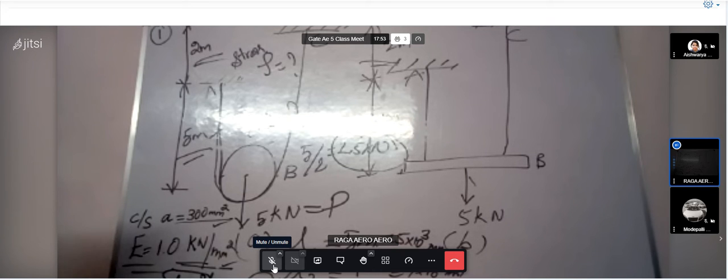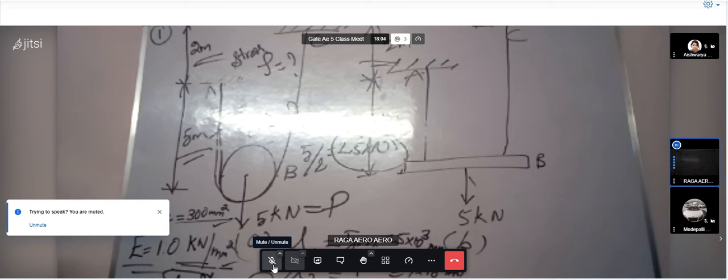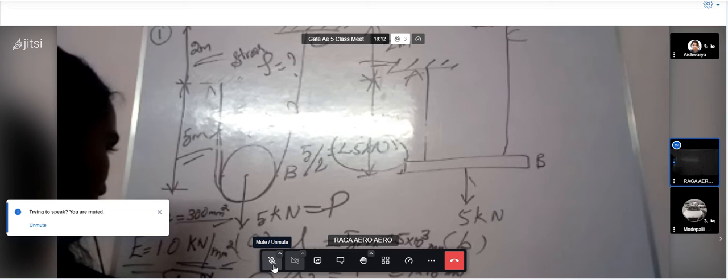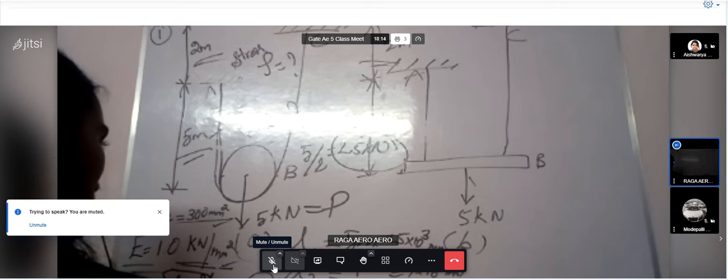Now give a value, just do the calculation and give a value fast. Okay, let me write the value. So if you divide this, you will get the value of 8.33 Newton per mm square.